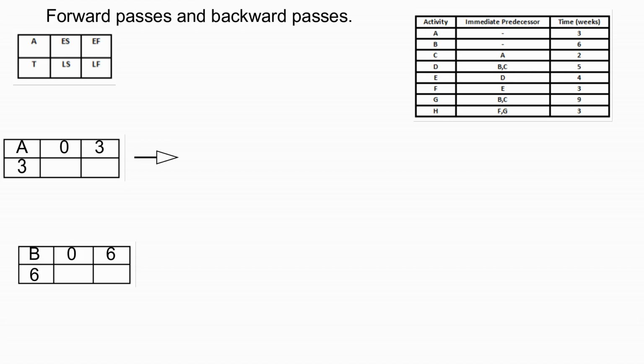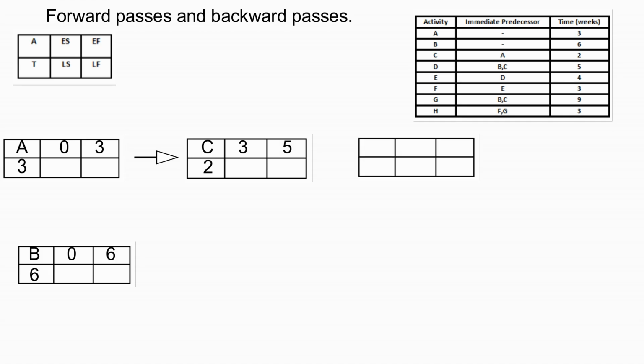Activity C comes from A, so the total time from activity A to C is 3 plus 2 equals 5. Then activity D comes from two activities, C and B, so we choose the maximum time, which is B. The total time of activity B is 6, so 6 plus 5 equals 11. The next is E.